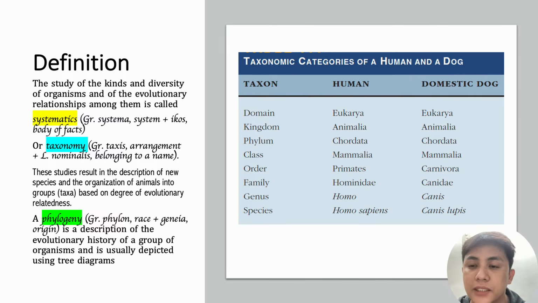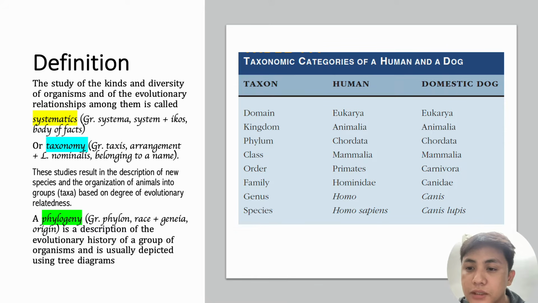Let's begin with the basic concept, systematics or taxonomy. This is the study of different kinds of organisms and their evolutionary relationships. In simple terms, taxonomy helps us identify, name, and classify organisms, while systematics connects the classification to evolution.